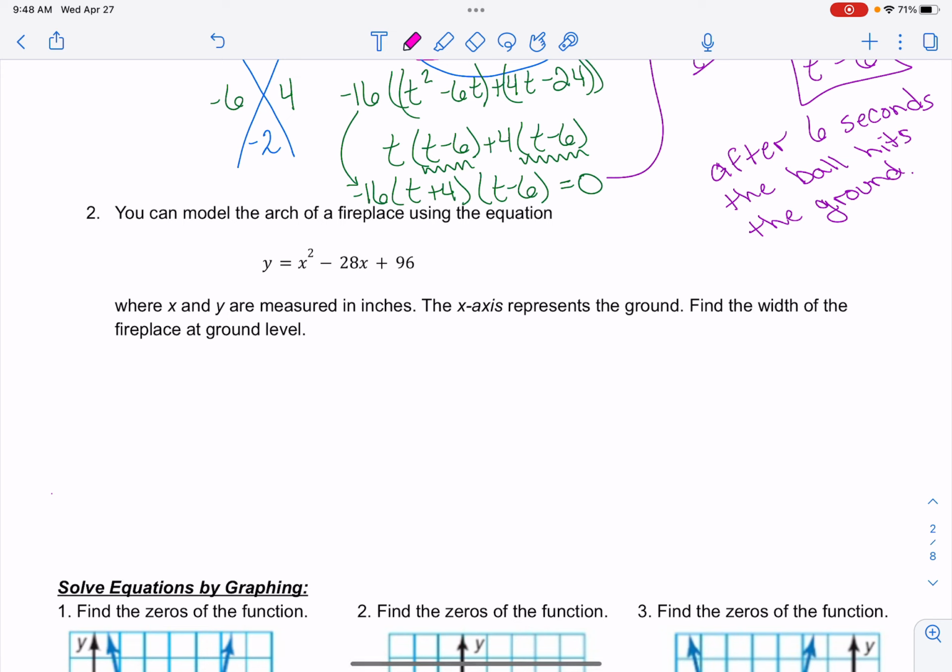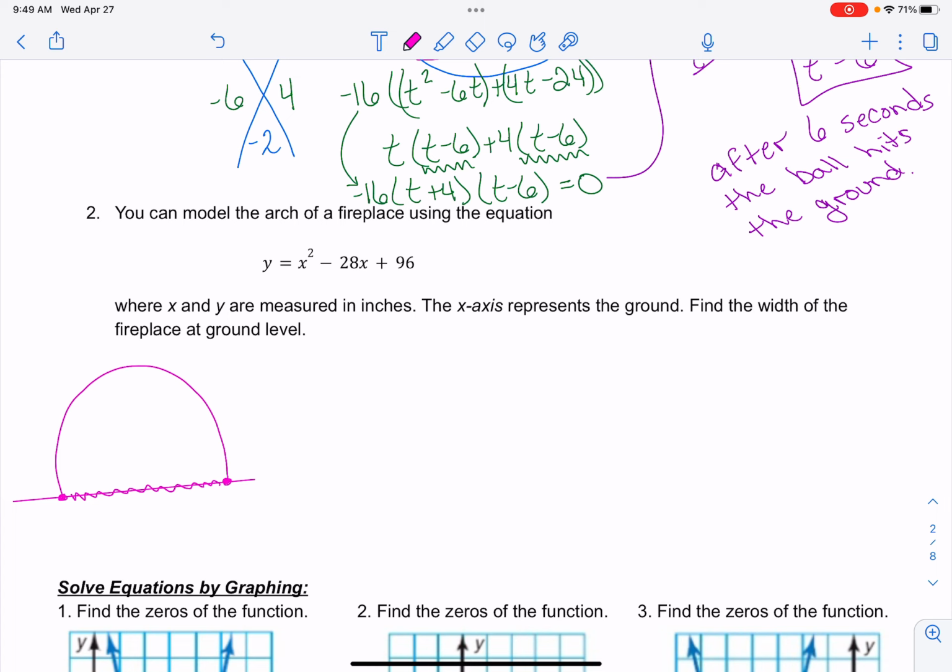So kind of imagine this is your fireplace, and here is your x-axis. So we need to figure out this point and this point to help us figure out what this width is on the ground.